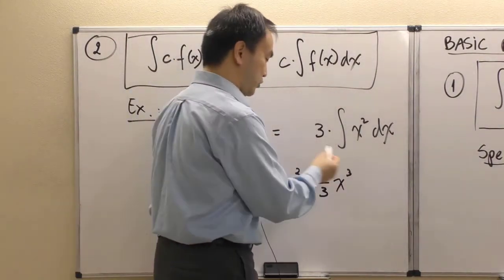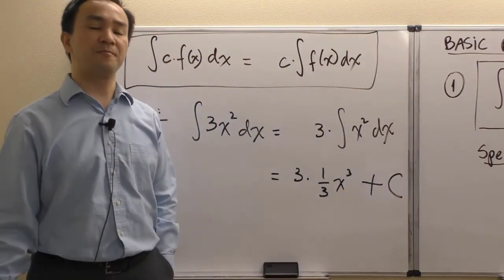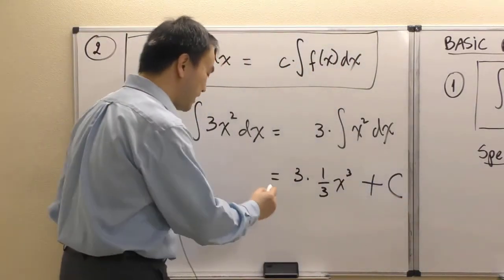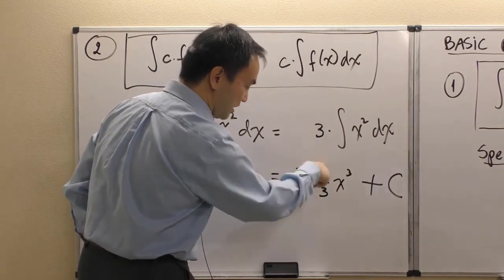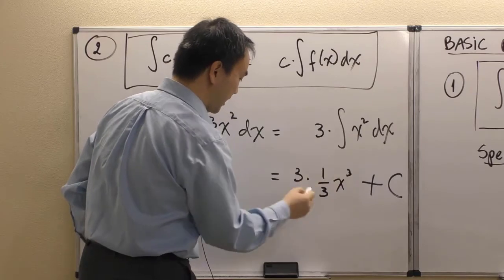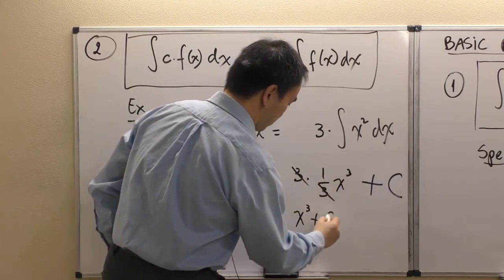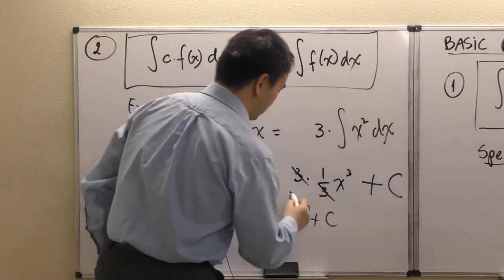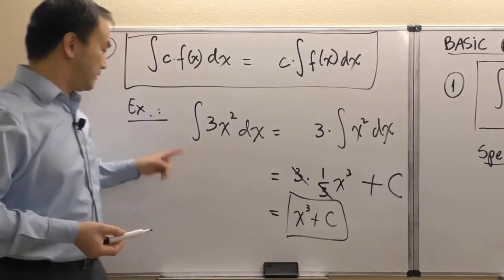And of course, do not forget to add an overall plus c constant at the end. At this point, the constant coefficient 3 will cancel with the 3 in our denominator here. So our final function turns out to be x cubed plus c. That is our final general antiderivative of the starting function.